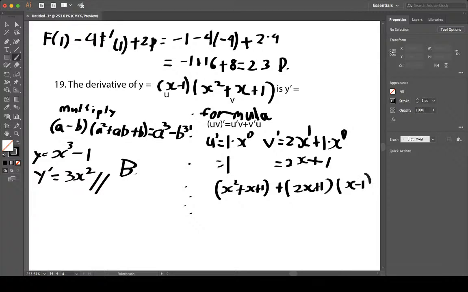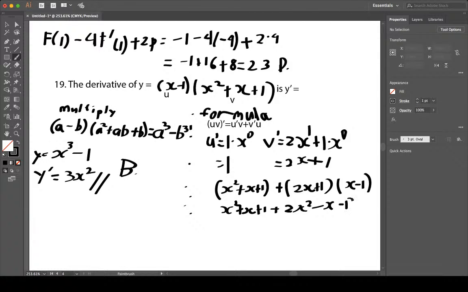So with this, we can just multiply this guy here. You will get x squared plus x plus 1, plus, let's multiply this guy, 2x times x, that's 2x squared, 2x times negative 1, that will be negative 2x, plus 1 times x, that's x, so in total that will be negative x, and lastly, 1 times negative 1, that's minus 1.